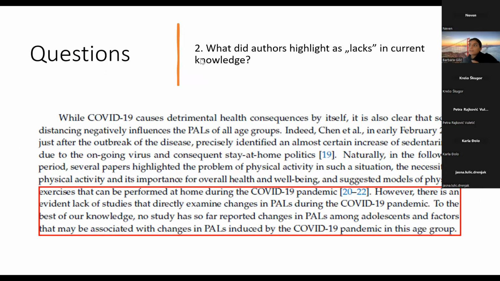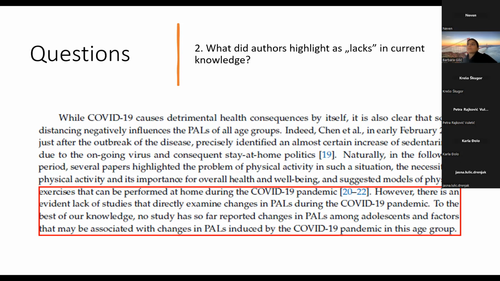And from that, authors highlighted lacks in current knowledge, and that was that no studies directly examined changes in physical activity levels during the COVID-19 lockdown, and no factors which may have influenced those changes have been explored.